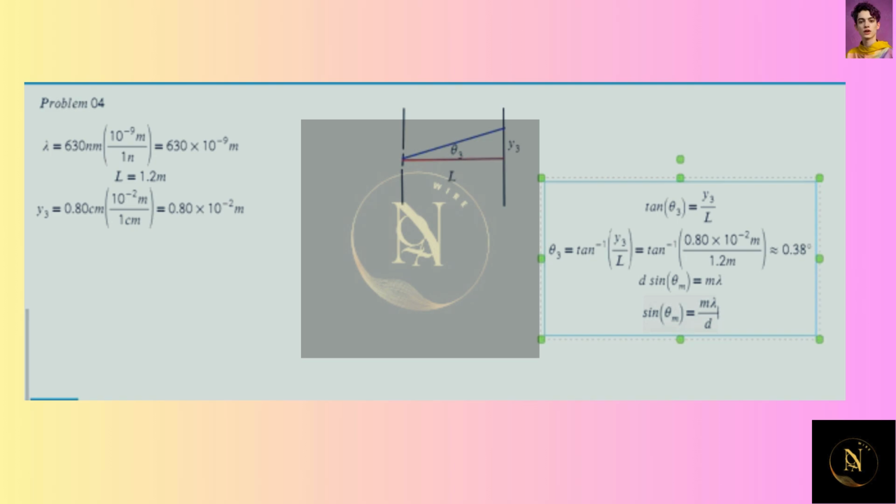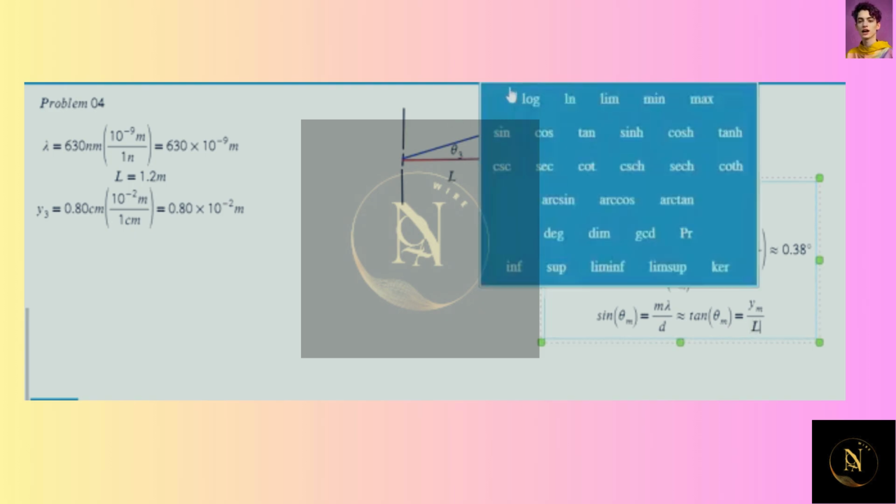And this is sine of theta m. Okay, but for small angle approximations, this is going to be approximately equal to tangent of theta m, which we know is going to be y sub m over L, right? You can generalize this 3 to any m here.